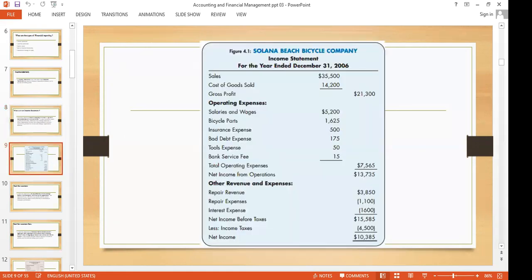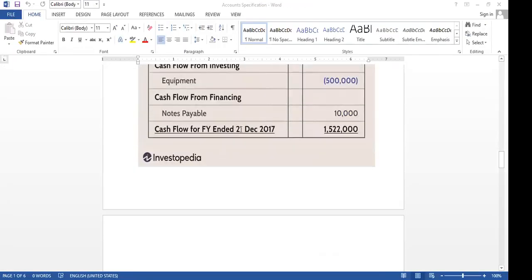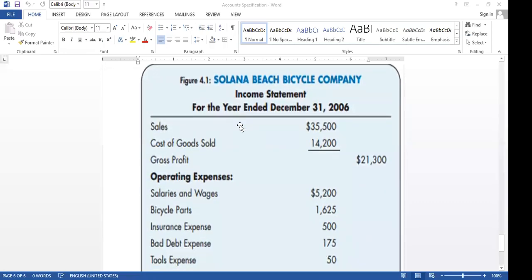This is the specification of the income statement. Firstly, we write the company name, for example Solana Beach Bicycle Company or Melbourne Biscuit Company.